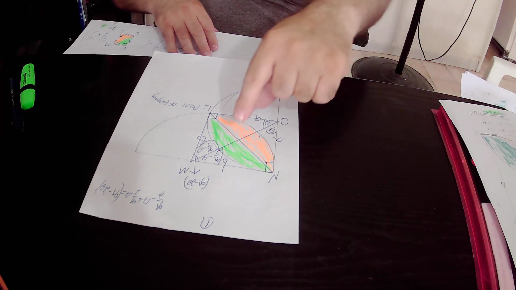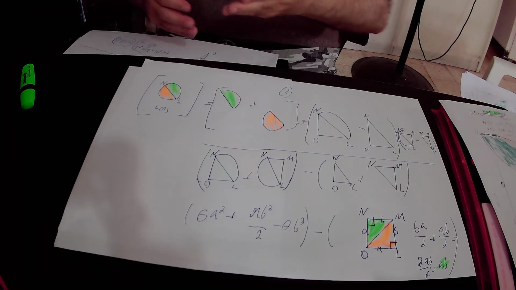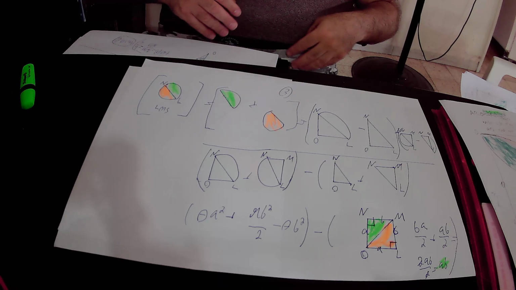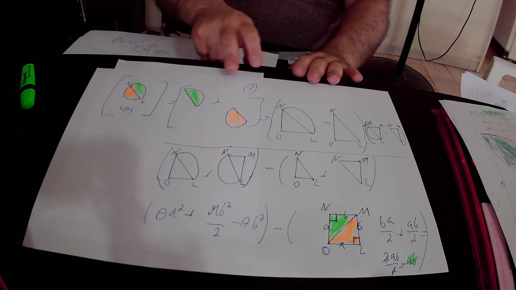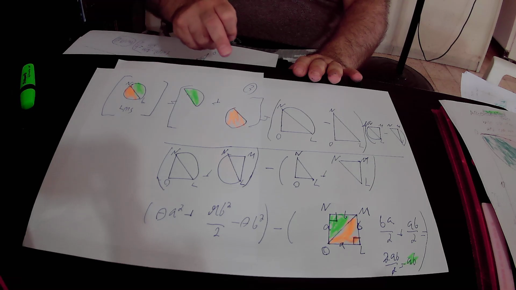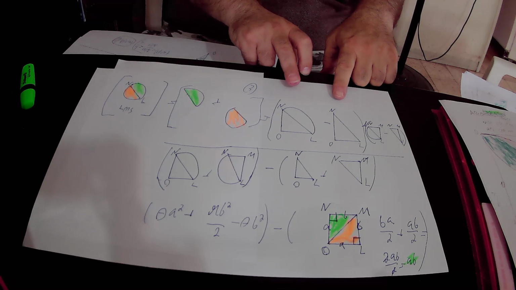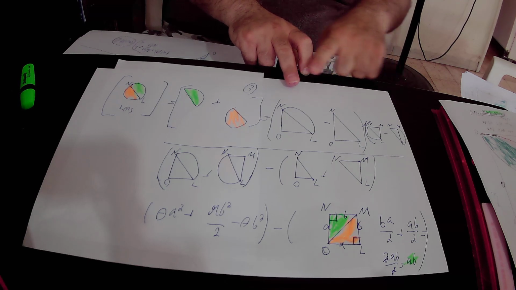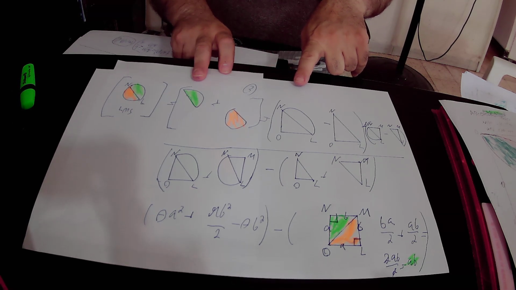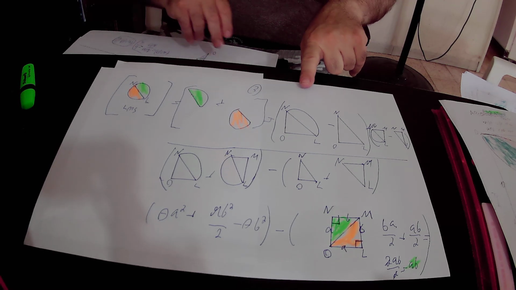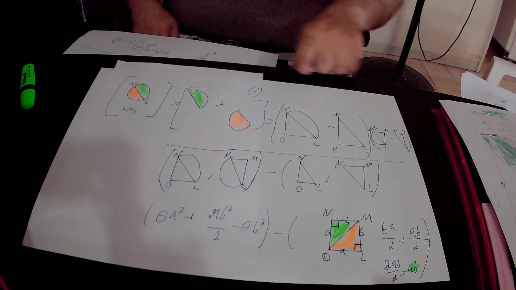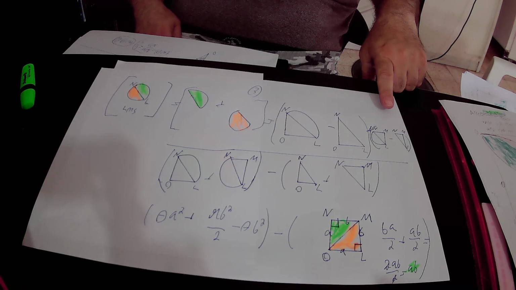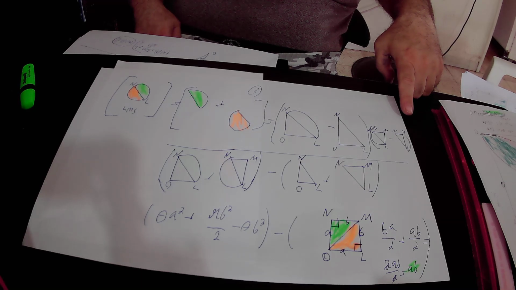In conclusion, if we add the two areas together, that is actually the area of the lens that we are looking for. The sum of the upper circular segment and the lower circular segment equals the area of sector NOL minus the area of triangle NOL, plus the area of sector NML minus the area of triangle NML.